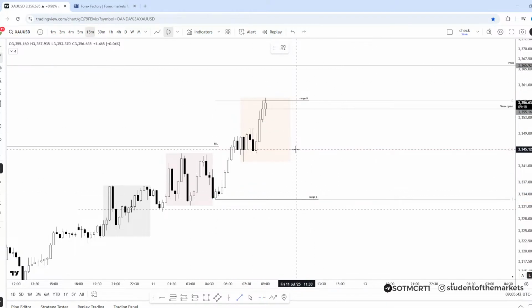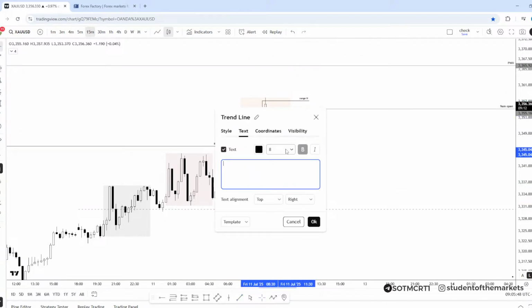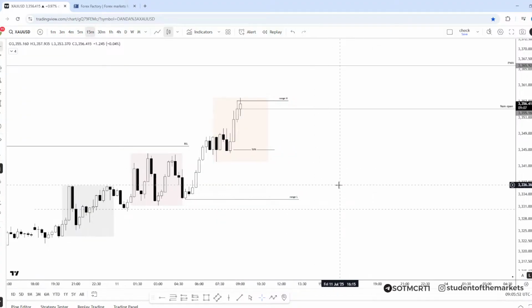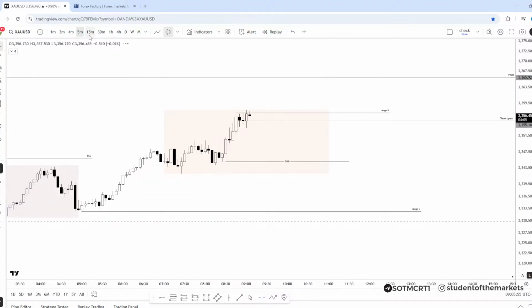And this is the 50% of the range. So yep, let's see.